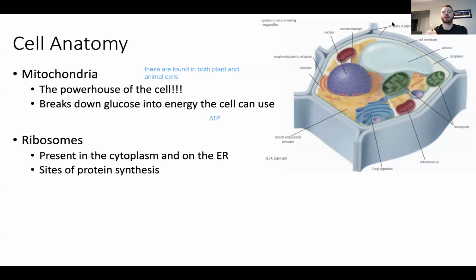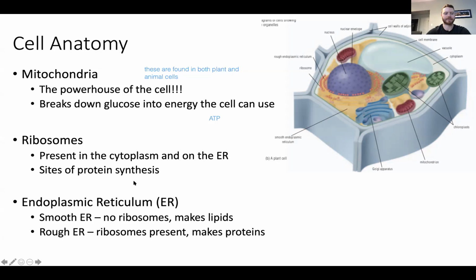So the nucleus will send out a string of DNA for a protein to be coded, and then the ribosome will attach onto that DNA. As it reads that DNA, it's going to create proteins. These are found in the cytoplasm and on the endoplasmic reticulum, which is circulating the nucleus.